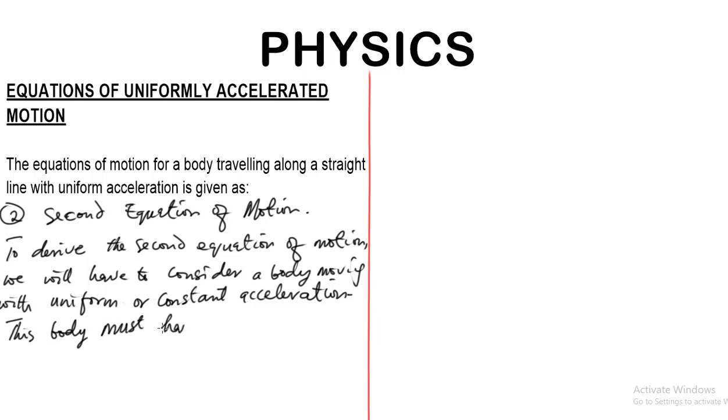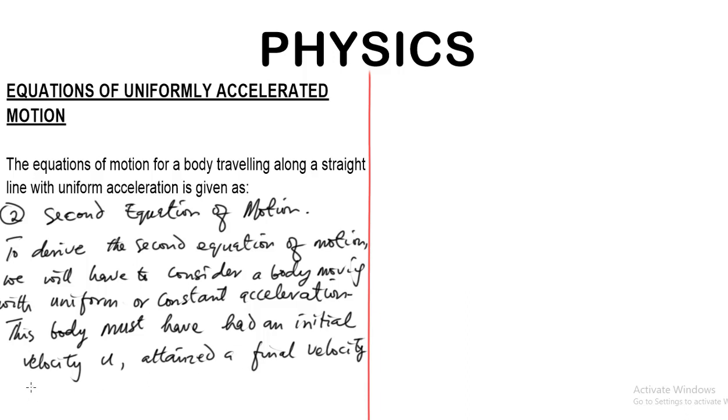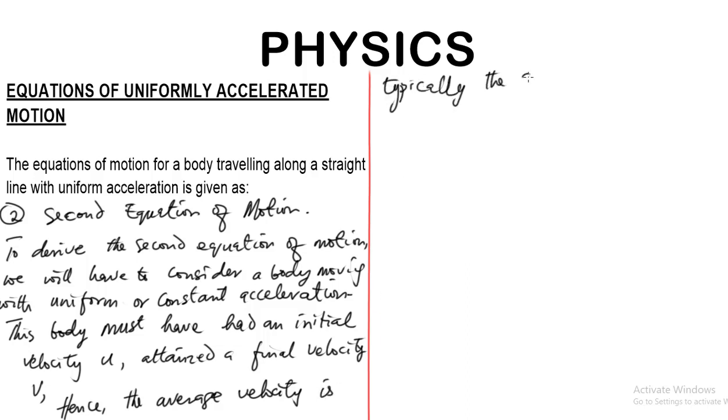This body must have had an initial velocity u and attained the final velocity v. So hence the average velocity is typically the sum of the final and initial velocities divided by 2.